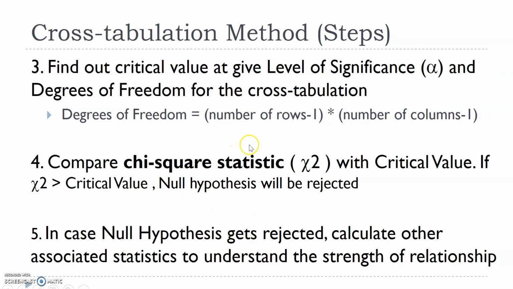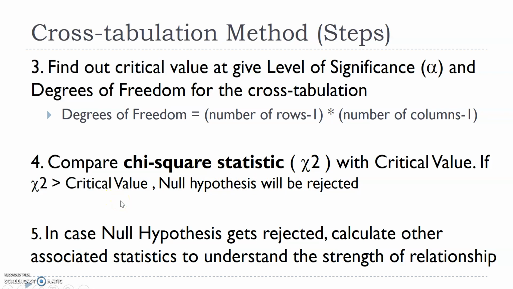So go to the chi-square distribution table and find the critical value at the degrees of freedom you have found, and the alpha given in your question, though in most cases we take alpha as 5%. Compare your chi-square statistic with the critical value. If your chi-square statistic is greater than the critical value, reject the null hypothesis.